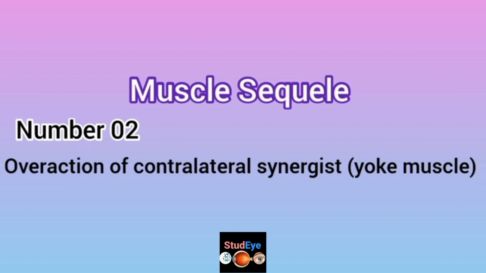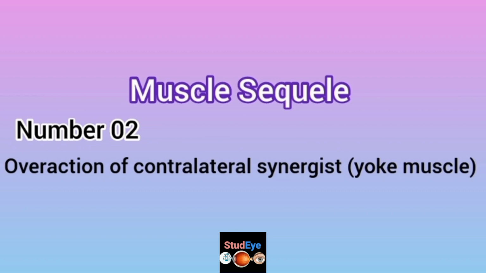So when a single muscle that is performing its action gets paralyzed, the yoke muscle of this paralyzed muscle will get the overaction. Why? Because the innervation getting to the paralyzed muscle is increased because it was not performing its action normally. So that normal muscle will also get the high innervation.